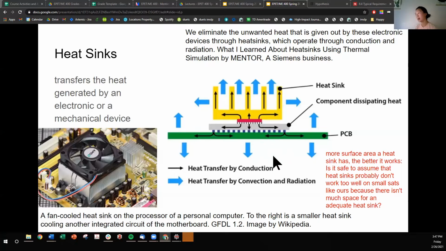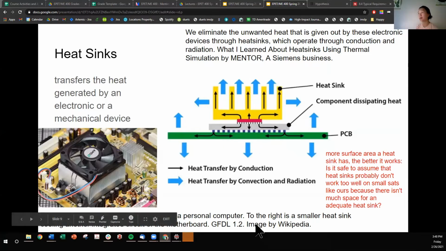That's not to say you can't use it on a spacecraft. You can attach a radiator conductively to a heat sink to transfer energy. So the heat sink would be what you draw everything to. It could be a heat reservoir, and then the radiator would be your mechanism to radiate it away.